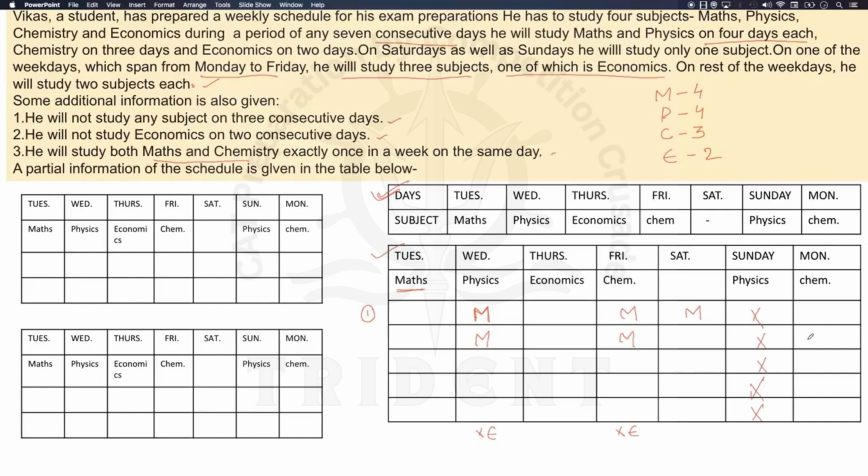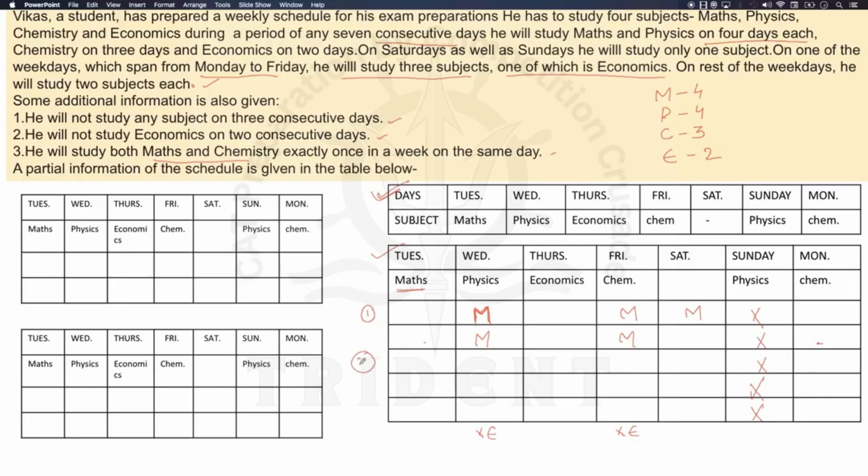Can maths be given on Monday? No, again we cannot give maths on Monday. If we give maths on Monday, then maths would be on Tuesday, maths would be on Wednesday, so that is not possible. Okay. So we have just one possibility, that is when maths is on Wednesday, maths would be on Friday, maths would be on Saturday. Okay.